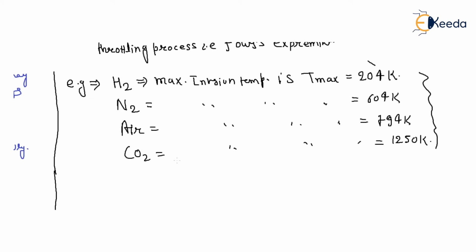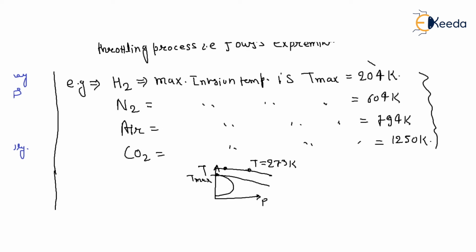Like that, if you have T and P, this is an inversion curve, this is your T max, but our initial point is like that. Example, T is equal to 273 Kelvin. So this temperature is above that.